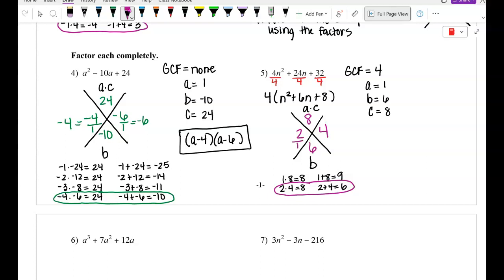Again, our A value here is 1, so it's not changing. But again, don't forget your GCF. That needs to come down into our answer. So we have 4, and then one parenthesis is going to be n plus 2. The other parenthesis is going to be n plus 4.